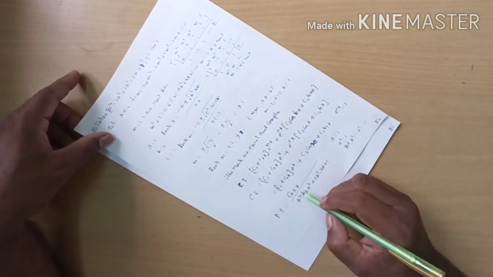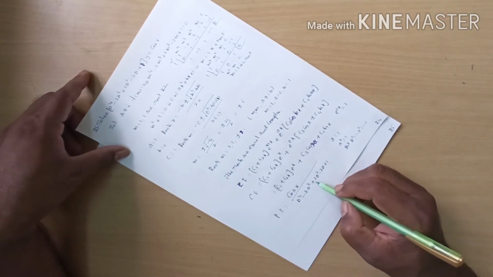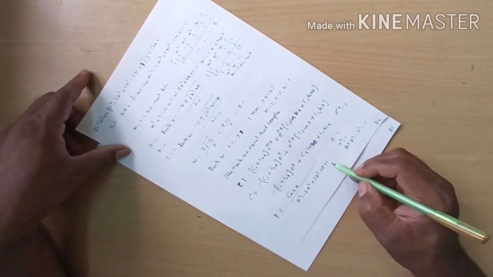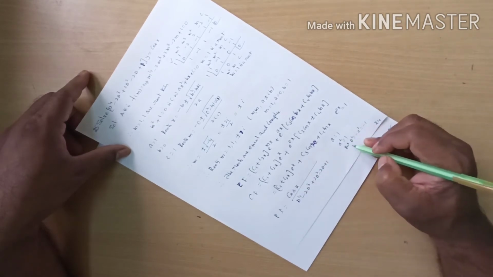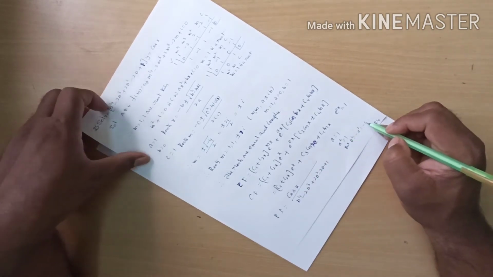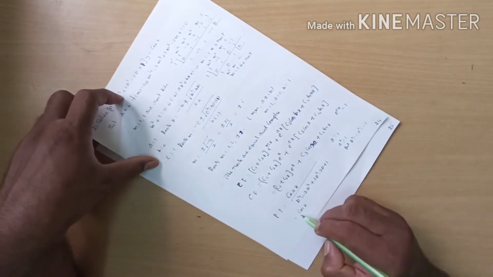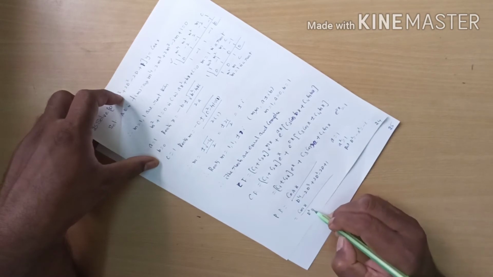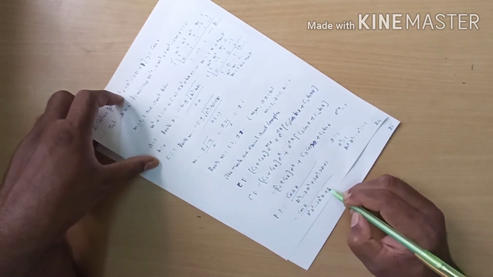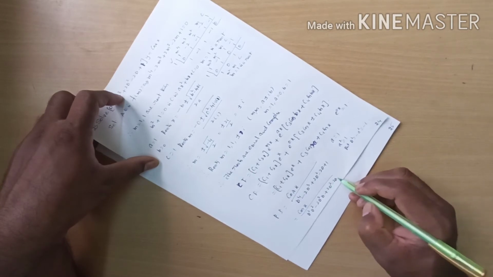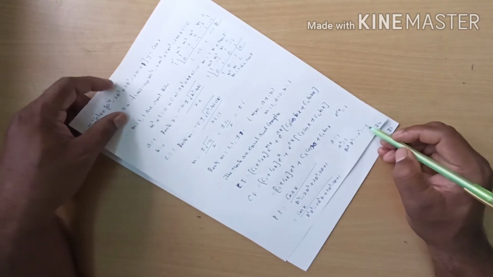Next, coming to the particular integral: cos x by d power 4 minus 2d power 3 plus 2d square minus 2d plus 1. Here you can see the coefficient of x: a is equal to 1, a square is equal to 1, put d square is equal to minus 1. Cos x by d power 4 can be written as d square into d square minus 2 into d square into d plus 2d square minus 2d plus 1. What is the substitution for d square? D square is minus 1.